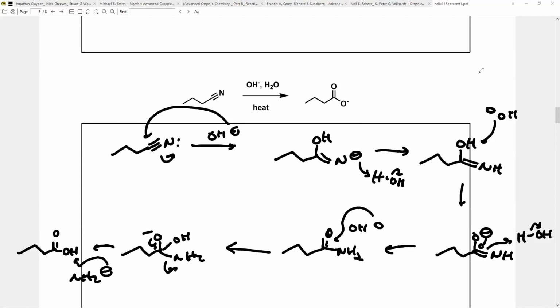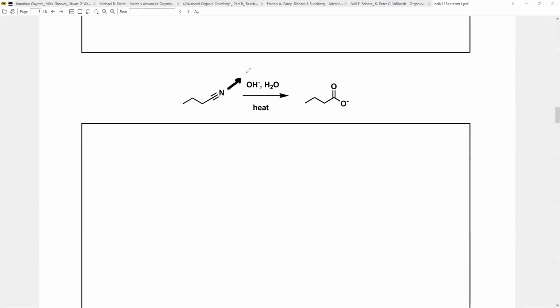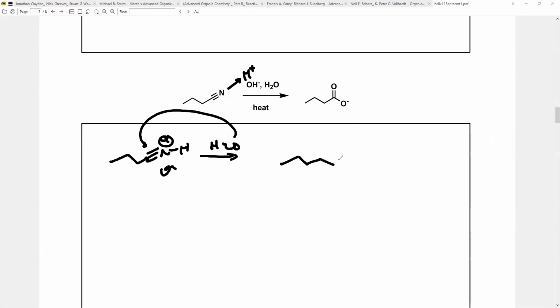Okay, cool. If I wanted to do this in acid, I'll just protonate first. And then kind of do the same thing, where I get to the amide. So I hydrate this. OH2 plus, right? Something in solution will deprotonate that guy there.